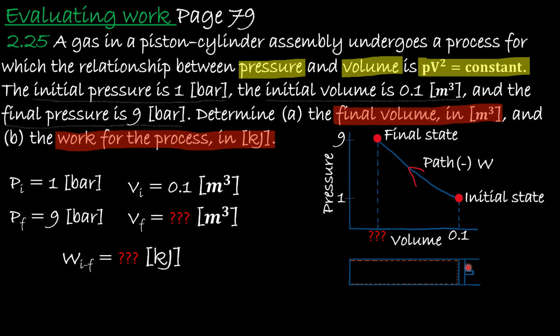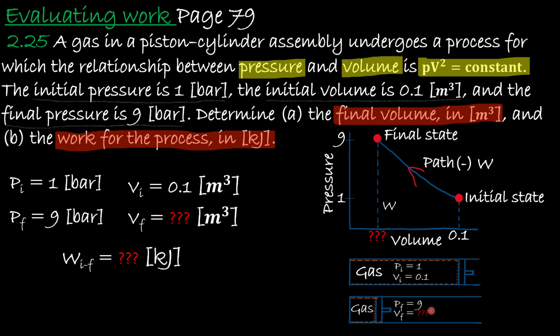Here is another illustration where we drew the piston cylinder assembly, and here we have the gas, and this dashed orange line represents the boundary. This gas is our system, and the initial pressure is 1 bar and the initial volume is 0.1. Next we compressed the gas. The pressure increased to 9 bar and we are asked to find the final volume.